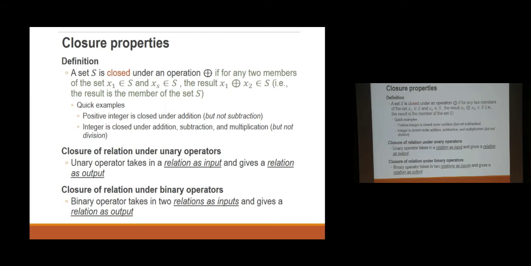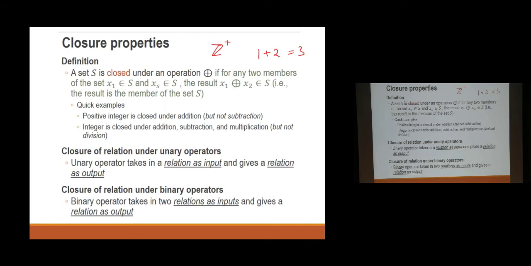So this is an example. The positive integers, Z plus, are closed under addition. If you have 1 plus 2 is equal to 3, the result will be a positive integer. Any positive numbers that you choose, if you add them up, the result will be positive numbers.